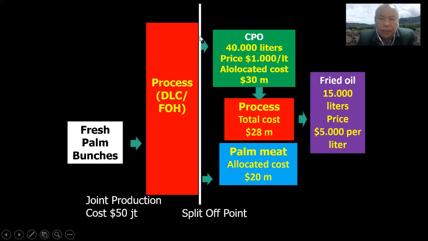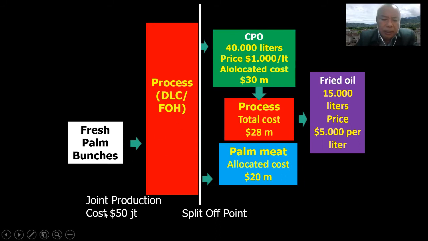The point at which the products are identifiable we call the split-off point. The costs incurred before the split-off point we call joint production costs. Let's say in this case $50 million.